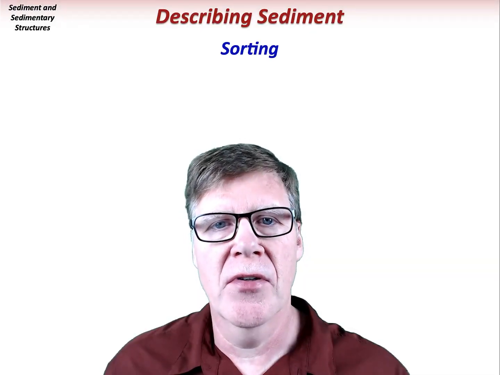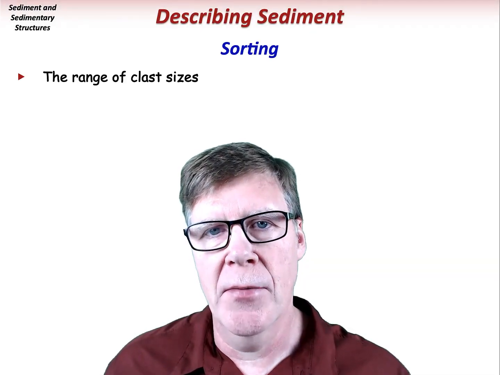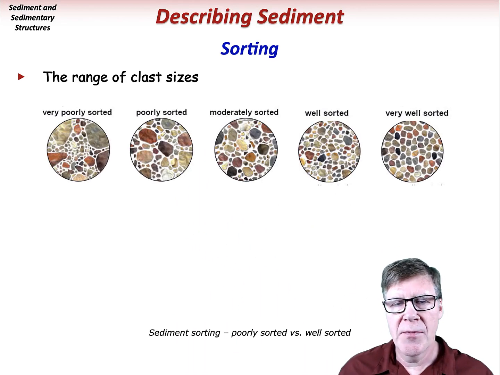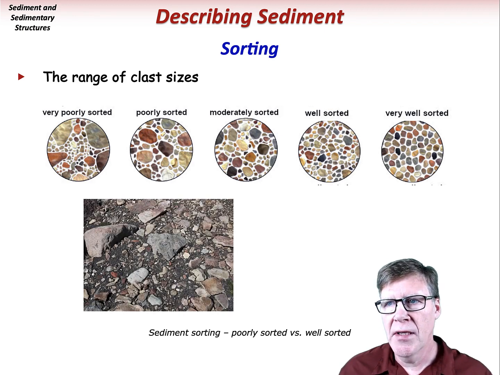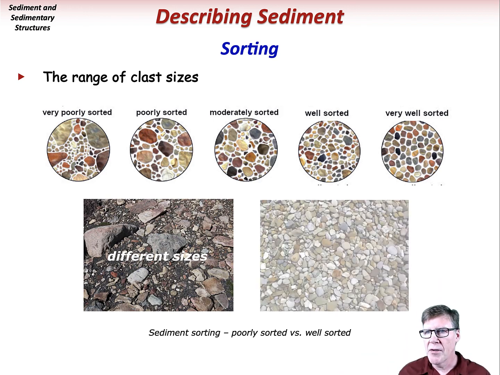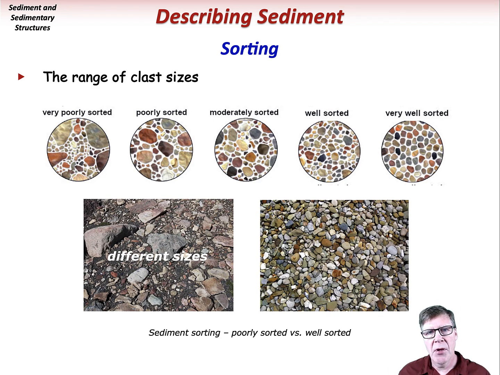Sorting is a measure of the range of grain sizes in a sediment. Sediment sorting spans the spectrum from very poorly sorted to very well sorted. Very poorly sorted sediment includes a wide range of clast sizes, whereas very well sorted sediment is composed of mostly clasts of similar size.